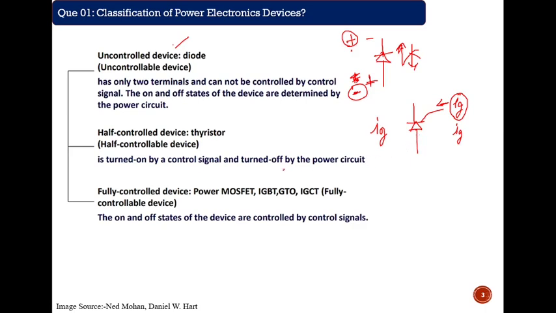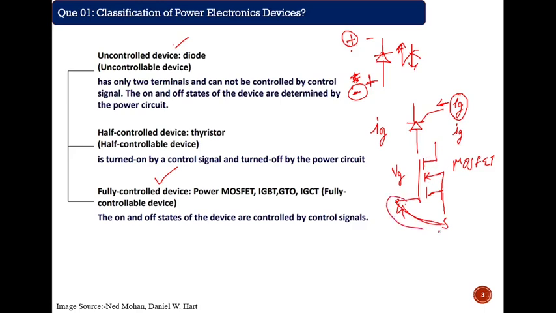Now the fully controlled device. You can turn on the device using the gate voltage. Suppose this is a MOSFET, and you apply gate to source voltage; then the MOSFET will be turned on and conducting.